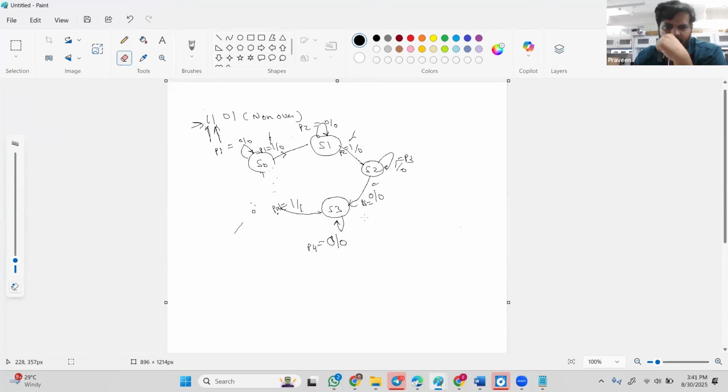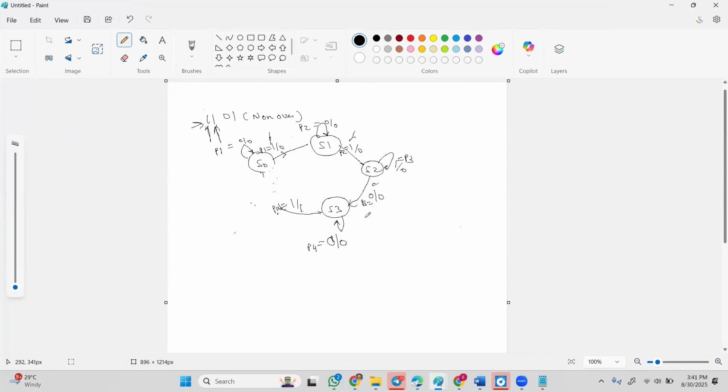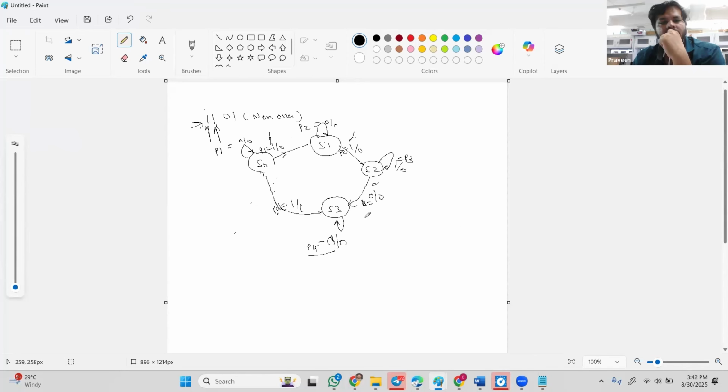Can you help with that? Where should I keep this one? After the S3 state, if the input is 0, it will go to S0. If P4 is 0, then it is S0 only. And when P1 is equal to 1, then it should reach S naught only. Where the done state is, then the extra state is not required, it will work.